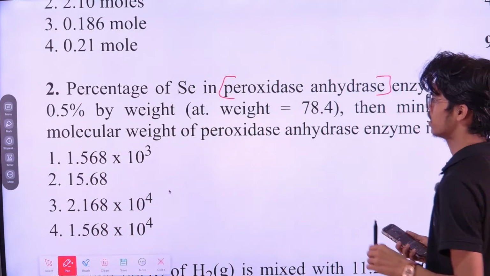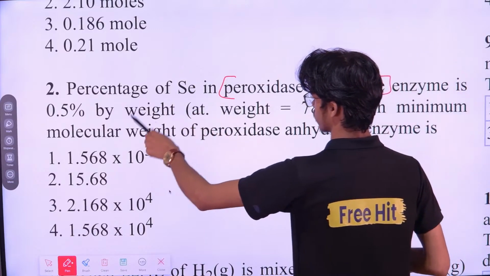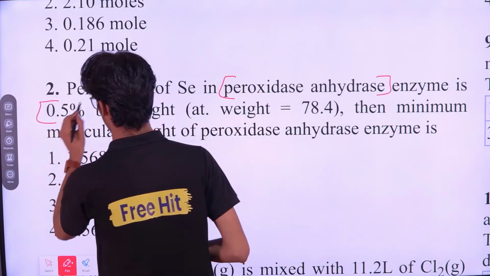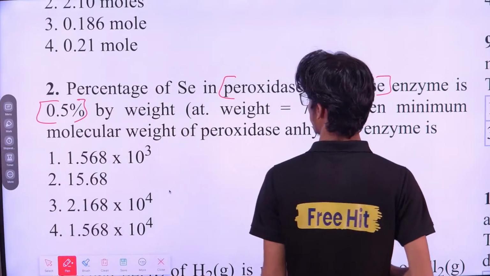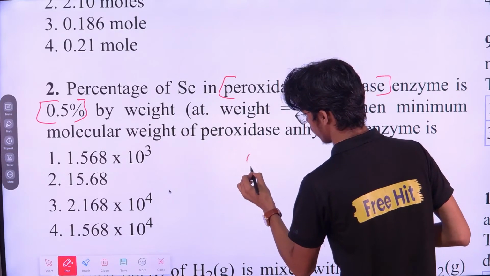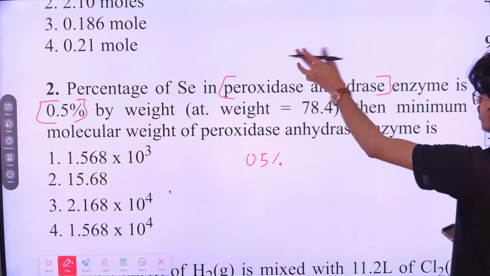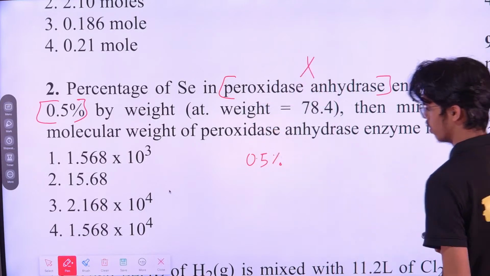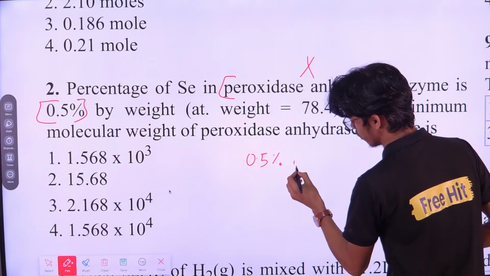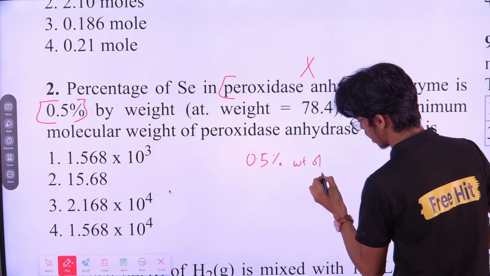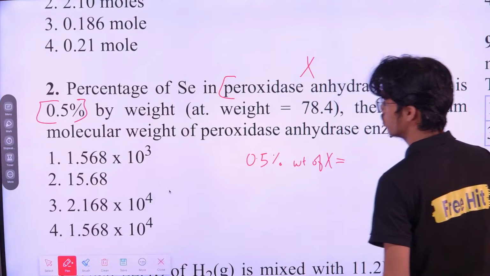It means whatever the percentage of selenium is, it is 0.5% by weight of this compound. I don't know, I'll call it the compound X. 0.5% weight of the compound X is equal to how much?